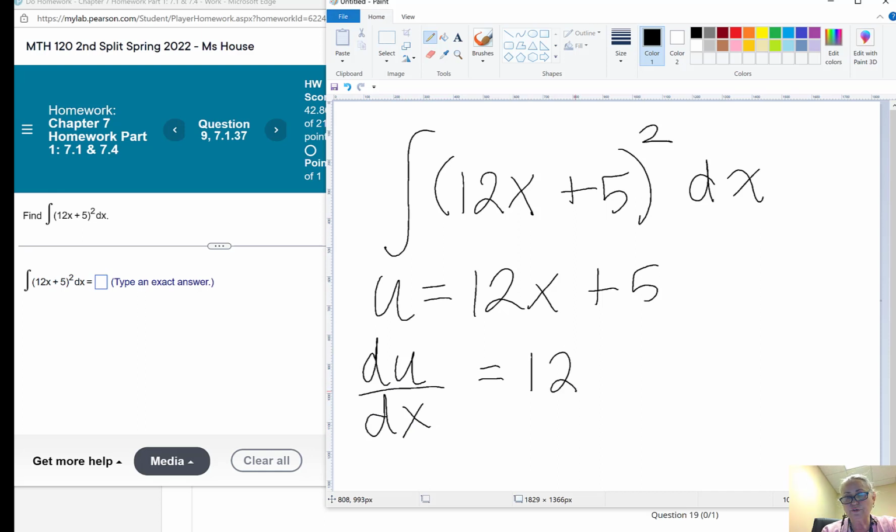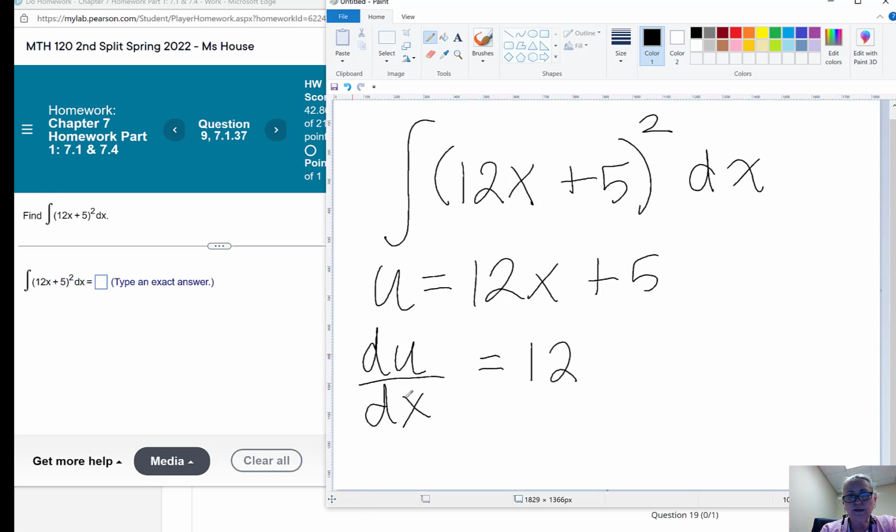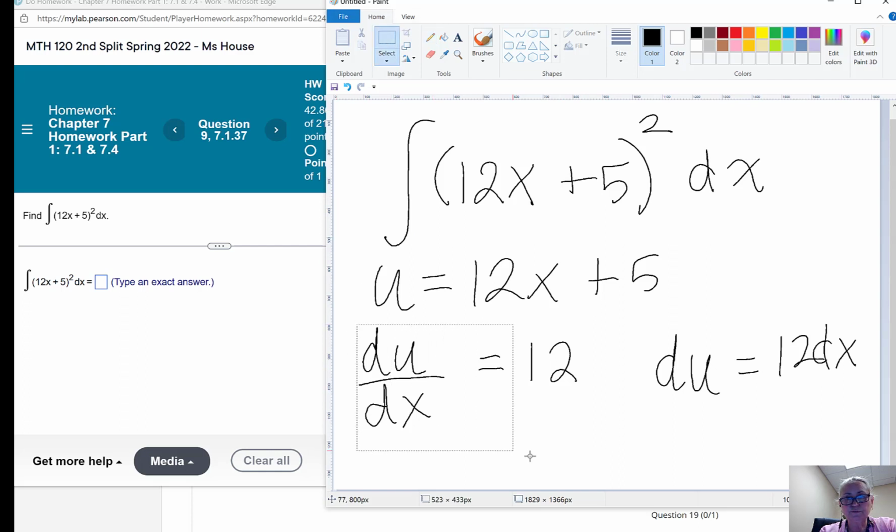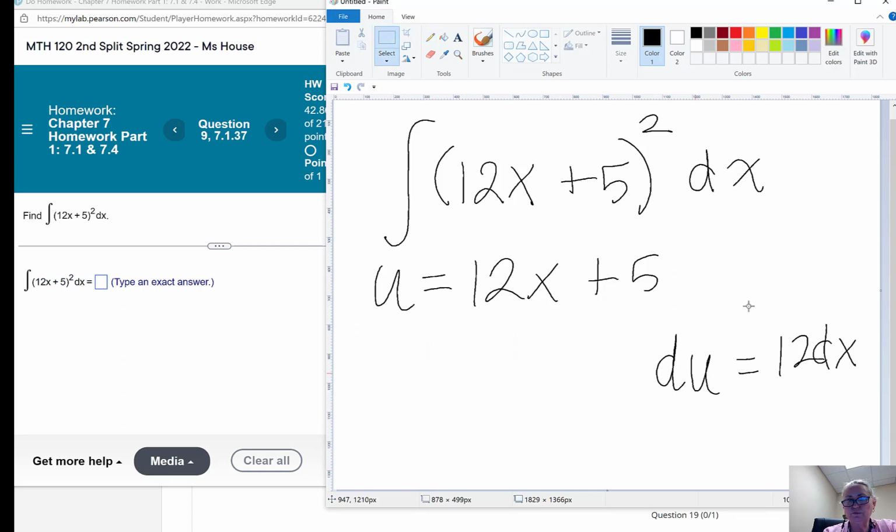So I take the derivative of that. Now I'm going to move this dx to this side, so du is 12 dx. So now I'm going to use some substitution in here. Okay, I'm going to put in things that I know. I know du is 12 dx, and I know u is 12x plus 5.